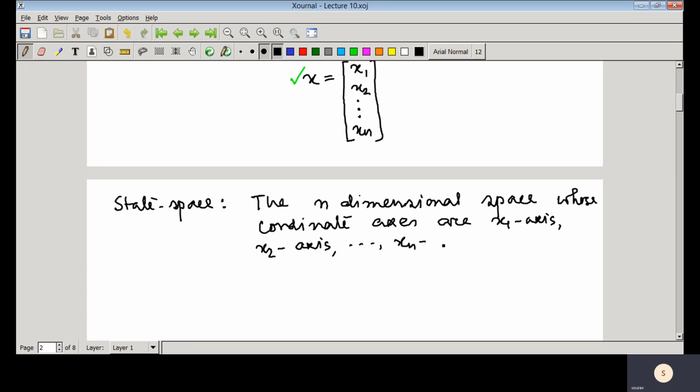So you have xn axis is called a state space. So if you have n number of state variables, it is n-dimensional state space.